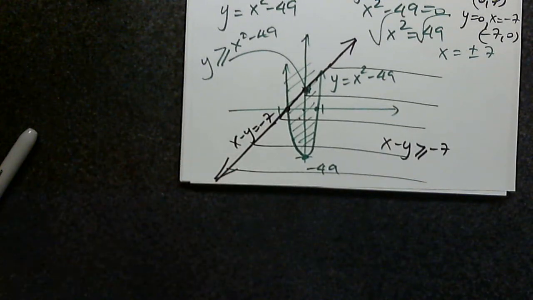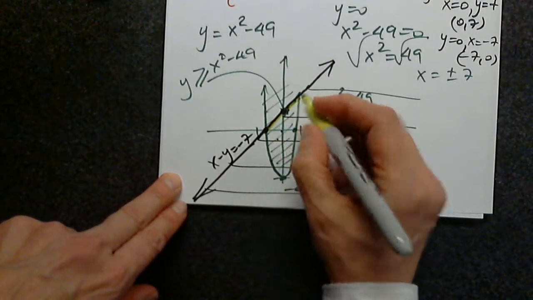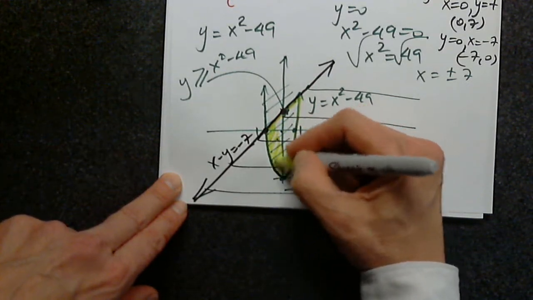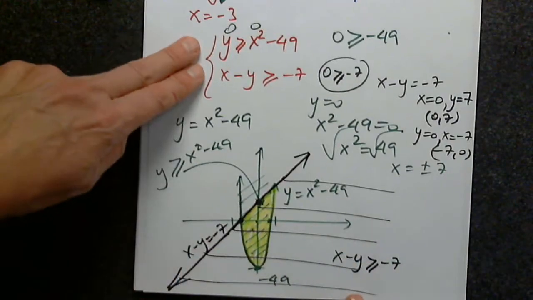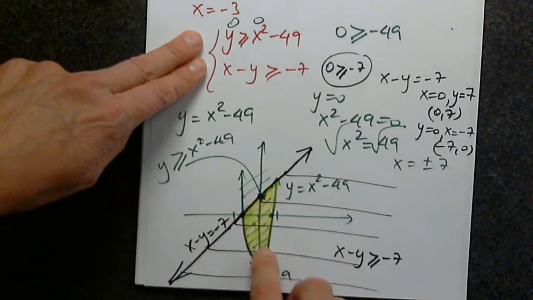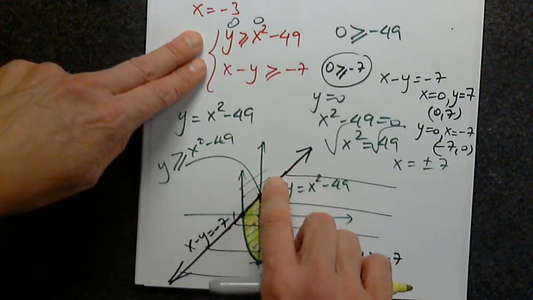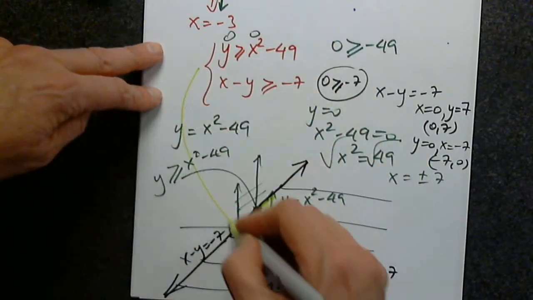So this is x minus y greater than or equal to negative 7. Now, if these two regions do not overlap, there is no solution. If they do overlap, there is a solution. Do they? Yes, they do. Points on this line, points on the curve, and everything in between. So if you want to solve the system, you will pick a point anywhere inside or on the perimeter, because all those points will verify both at the same time.